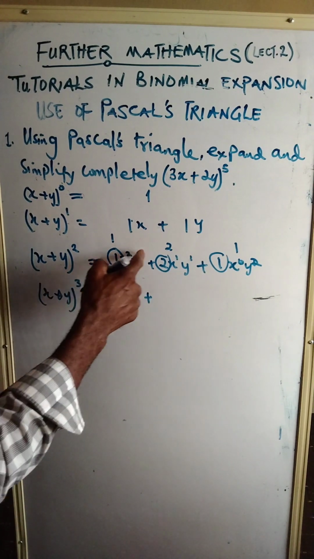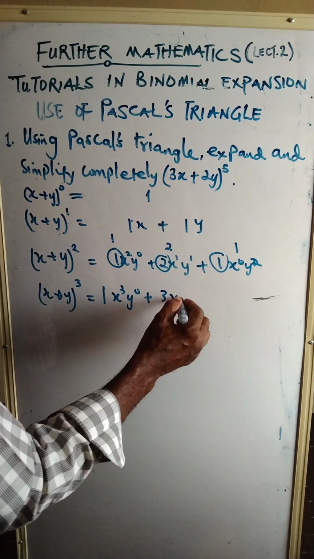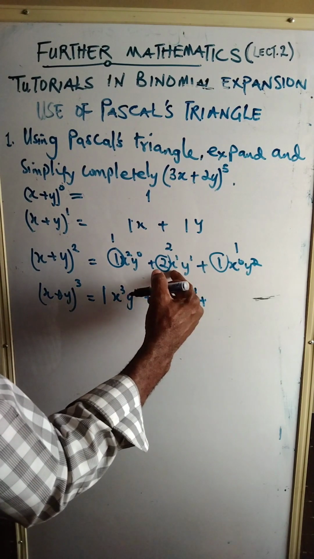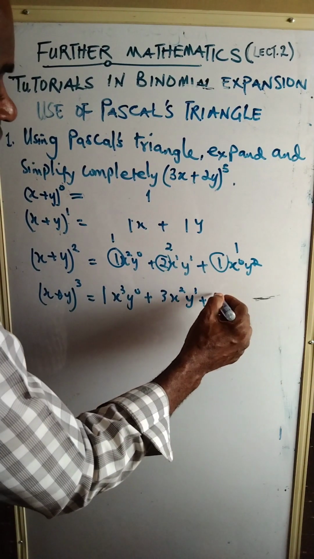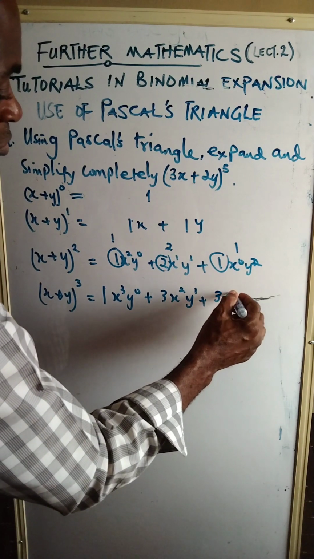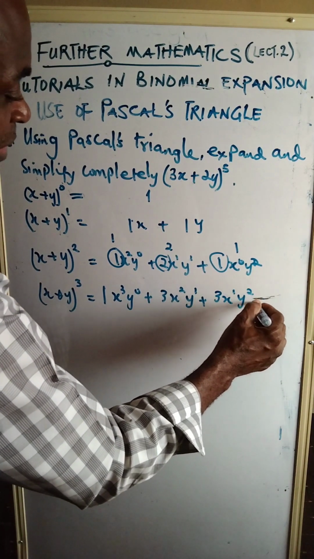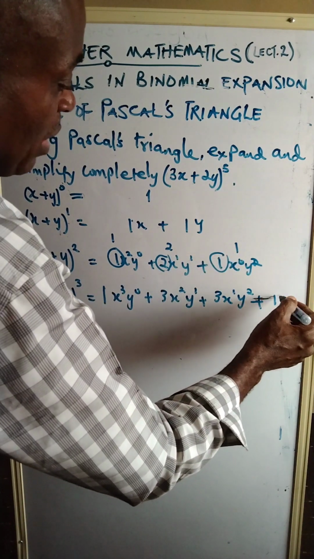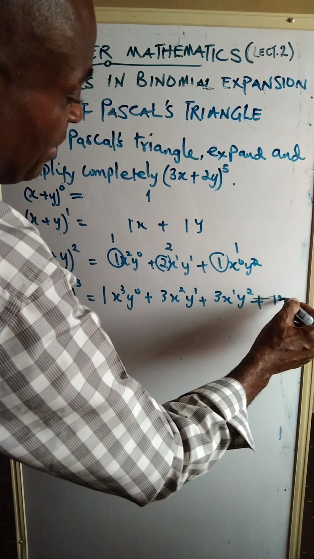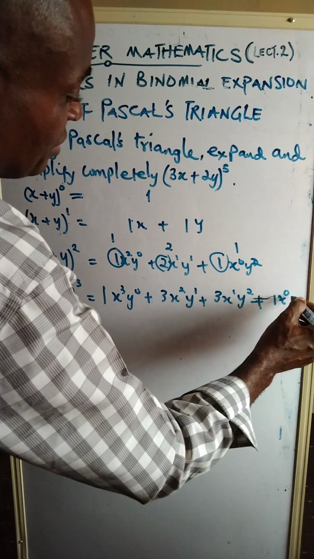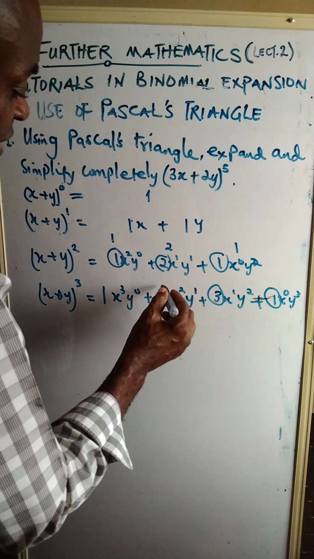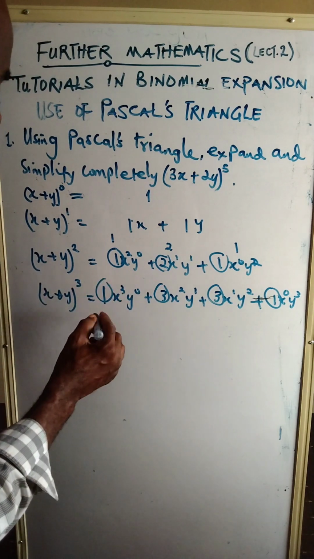The next one, this coefficient plus this one, is going to be 3x squared, y raised to power 1. The next one will be this coefficient plus this coefficient. That's going to be 3x raised to power 1, y raised to power 2. Then finally, the leading coefficient is 1. That's going to be x raised to power 0, then y raised to power 3.